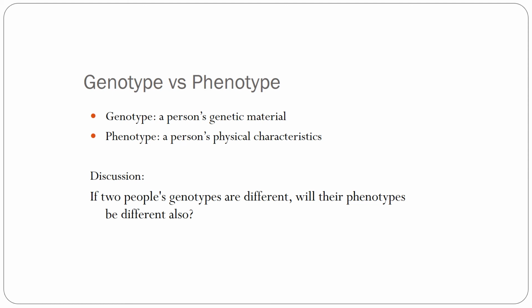So a person with brown eyes may have a genotype of two genes supplied from mother and father, both dominant, or he or she may have a genotype of one recessive gene for blue eyes from one parent, mother, and brown eyes from the other parent, father. Again, the person will have brown eyes.